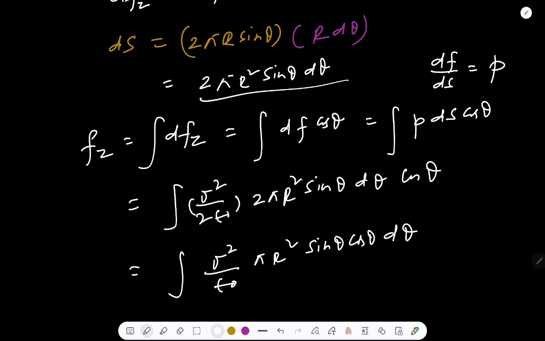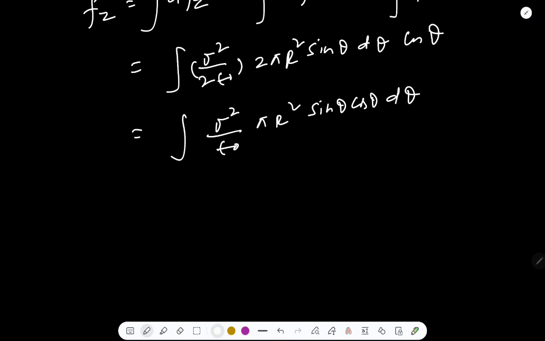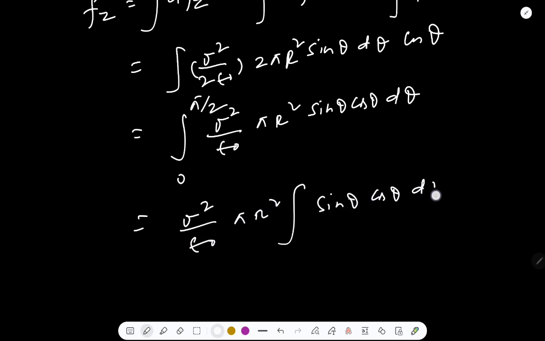If you look at the picture, for one half you will get the limits from theta equals 0 to theta equals pi by 2, and one half of the sphere is covered within these limits. So we put the limits from 0 to pi by 2 here, and calculate this integration, because everything comes out of the integration sign except sine theta cos theta d theta. Put the limits and solve it.